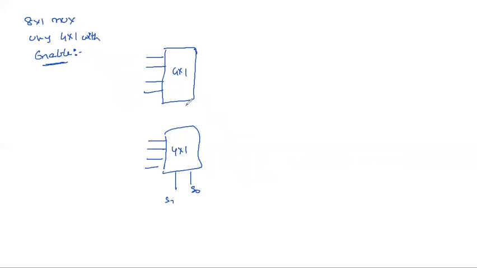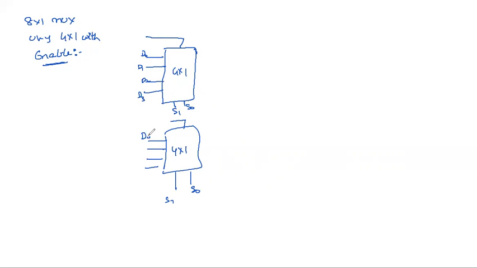S0, S1. S0, S1. Okay. Now enable is here. Enable is here. D0, D1, D2, D3. Right.